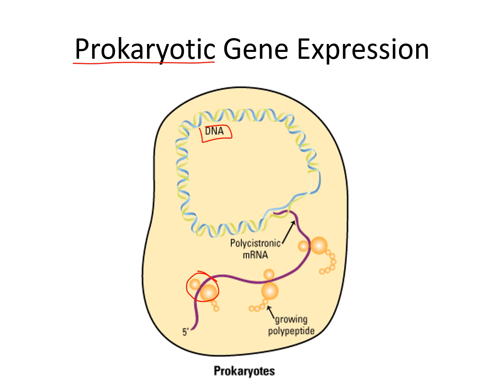So because they're not divided and they're all together, that means as soon as transcription starts occurring, so this is the transcript, the purple RNA, as soon as it's formed, ribosomes can bind and start creating the protein. So that's the protein there.